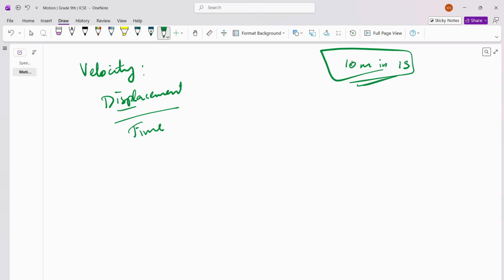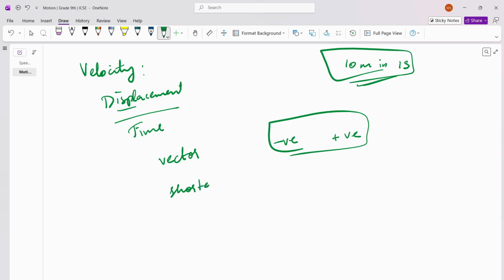So in speed we consider distance, in velocity we consider displacement, as velocity is a vector quantity, which means it can be negative, it can be positive, right? For you guys to understand this in an even clearer way, velocity is shortest distance by time taken to cover that shortest distance.